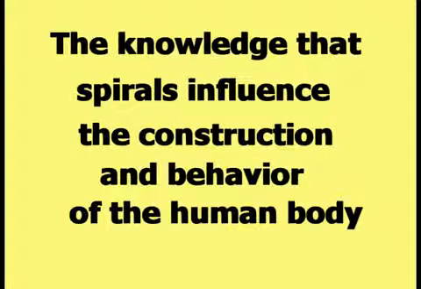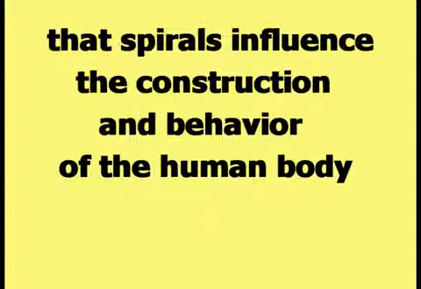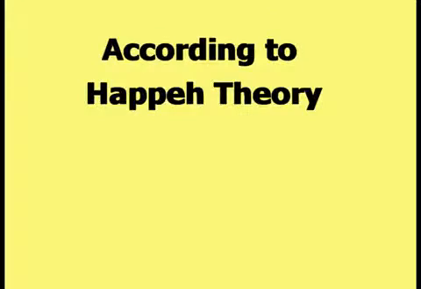The knowledge that spirals influence the construction and behavior of the human body is not unique to happy theory. Asian cultures have known for hundreds of years that spirals influence the construction and behavior of the human body. According to happy theory, Asian cultures have incorporated that knowledge into every aspect of their culture.